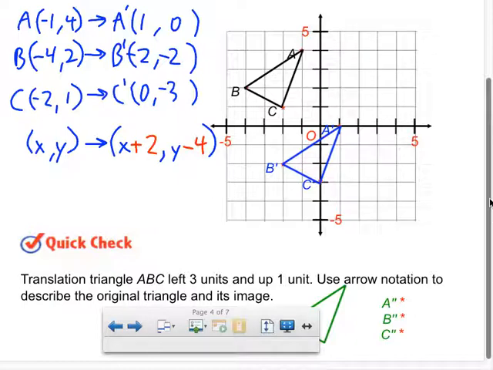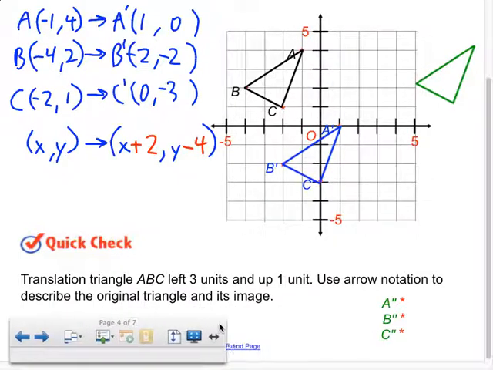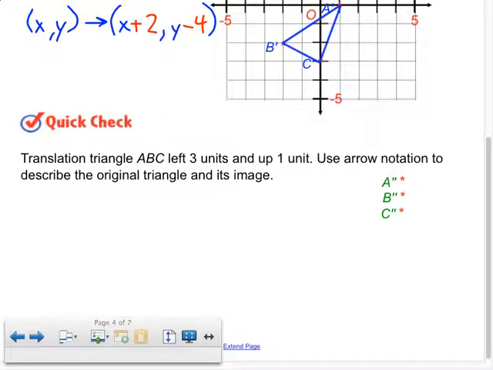Okay, so let's really quickly get these taken care of. So we're going to figure out where the translation of A, B, and C is. So first of all, before we graph it, let's figure this out. A, what's A?